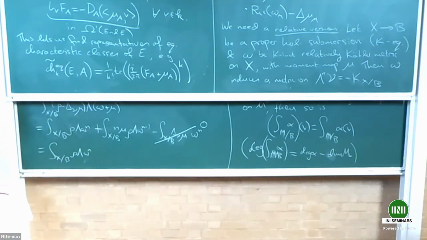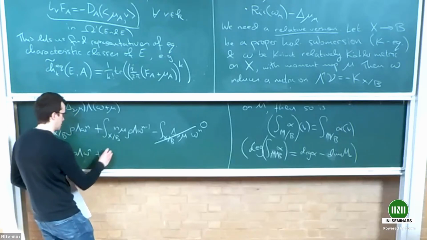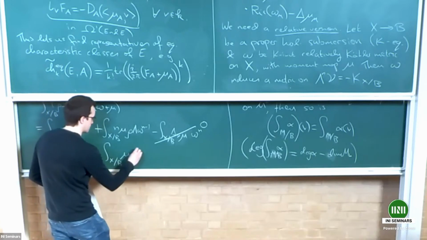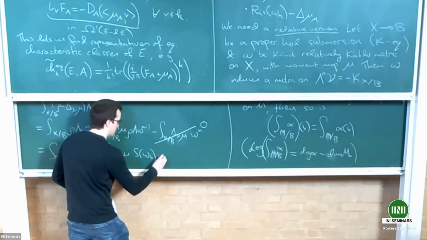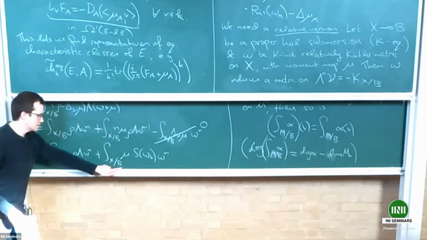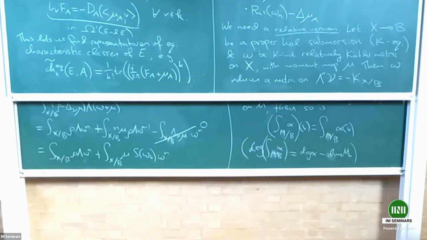but I can rewrite this function part here as the integral over X over B of mu against the scalar curvature of a fiber. So little b, I'm thinking of a base point in the base B, and S omega b is just the scalar curvature of the fiber at that point.